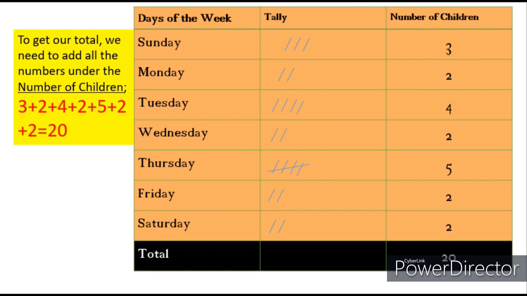You remember that in the information we have, almost all the days came more than once. So you can see Saturday 2, Friday 2, Thursday 5, Wednesday 2, Tuesday 4, Monday 2, and Sunday 3. So we are looking at how many times each of the days occurred.